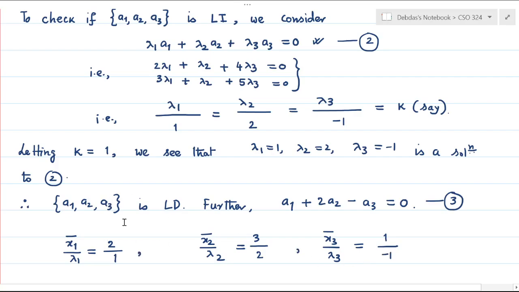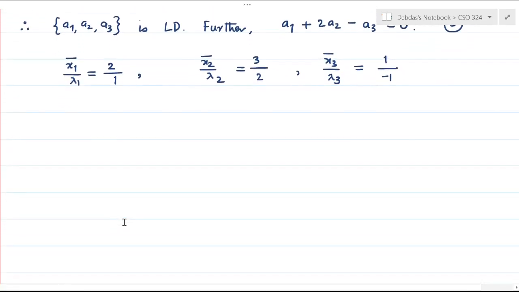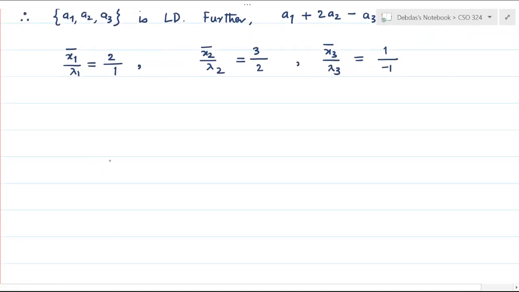Then you choose r such that xi bar divided by lambda i is the minimum of all the positive quantities. So choose the minimum value, find the minimum value of all the positive components. So here you have positive are x1 bar divided by lambda 1, x2 bar divided by lambda 2.